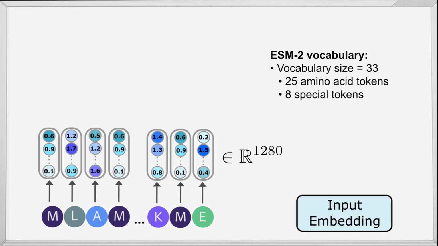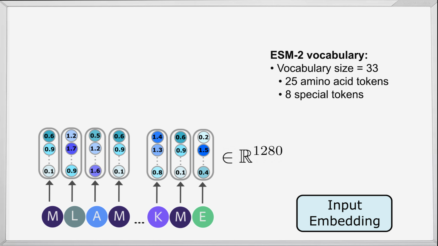25 tokens encode amino acids, the standard 20 amino acids plus 2 non-standard amino acids, as well as tokens for ambiguous amino acid letter codes. Additionally, we have 8 special tokens, such as unknown, classification, beginning of sequence, and end of sequence token.